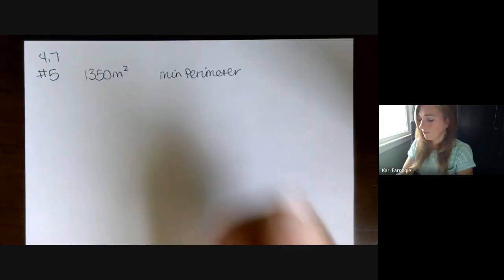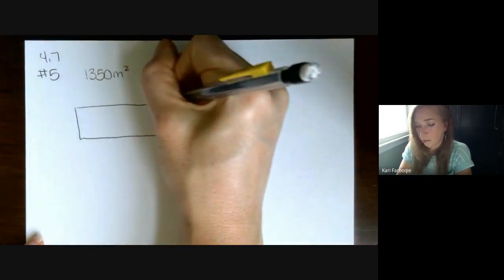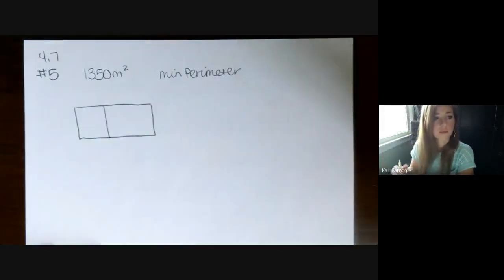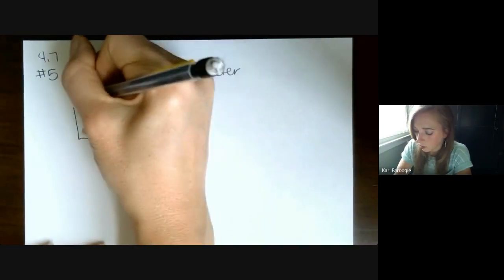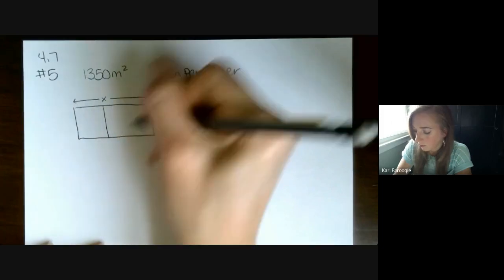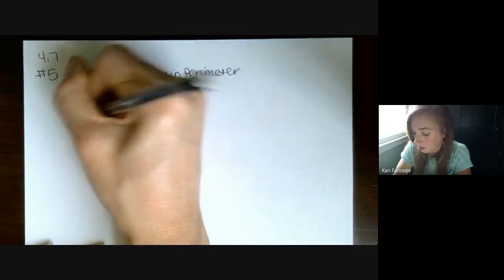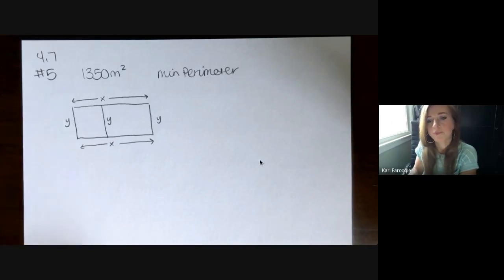Interesting. Okay, so you've got this situation going on. Let's see. We'll still call this X and Y. I think. Rectangular plot, then divide it into 2 plots with a fence parallel to one of the sides, for the dimensions of the plot that require the least amount of fencing. Okay. So this is the picture that I would draw.